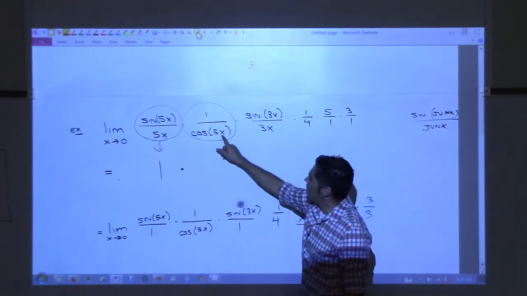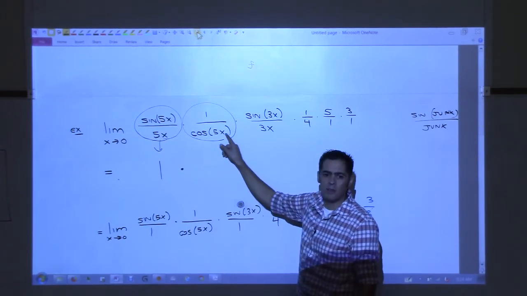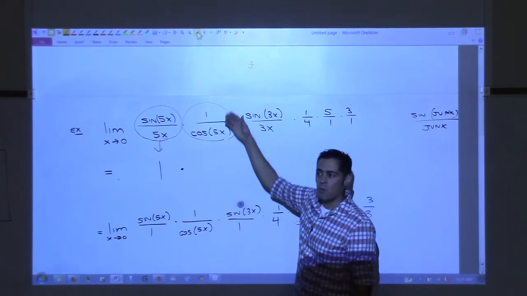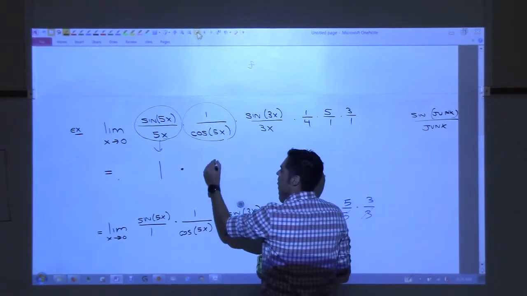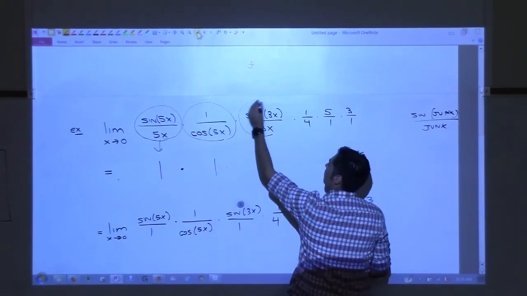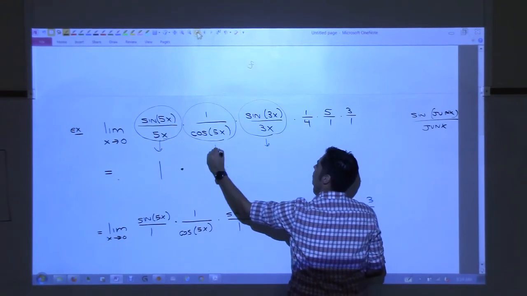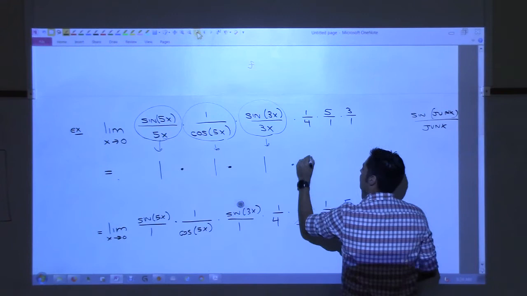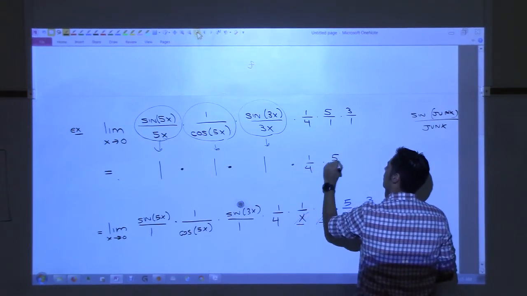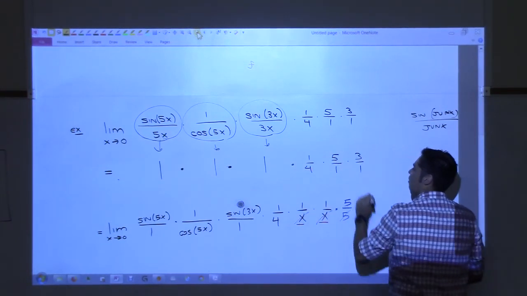You're letting x become 0. 5 times 0 is 0. Cosine of 0 is 1. So you get 1 over 1 here. You don't have division by 0 there. That was never the problem, right? And then here, what does this one head towards? 1 also. This is all multiplication. And then 1/4, 5 over 1, 3 over 1.